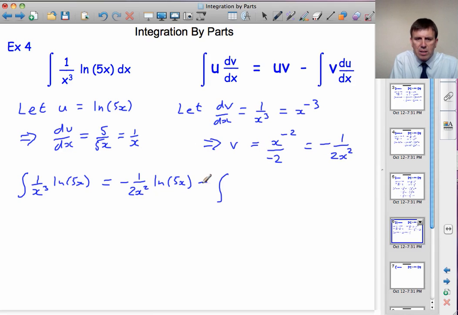So that minus and this minus will change it to a plus, and it'll be 1 over 2x squared times 1 over x dx. And we can simplify this before we integrate it.